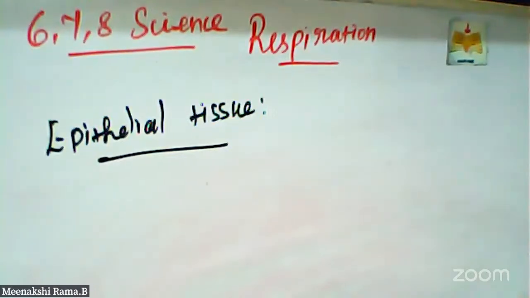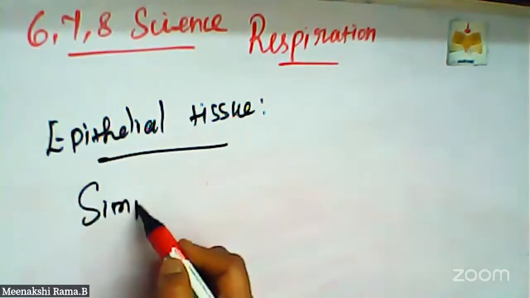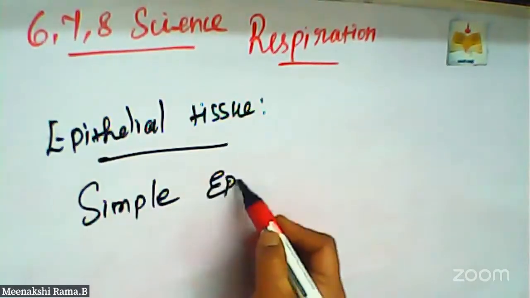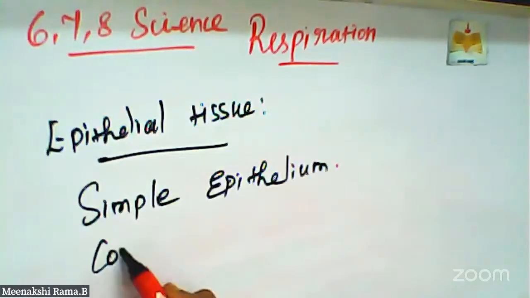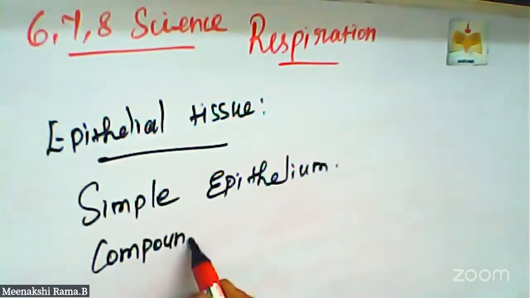Epithelial tissues are classified into two types, simple epithelium and then compound epithelium.